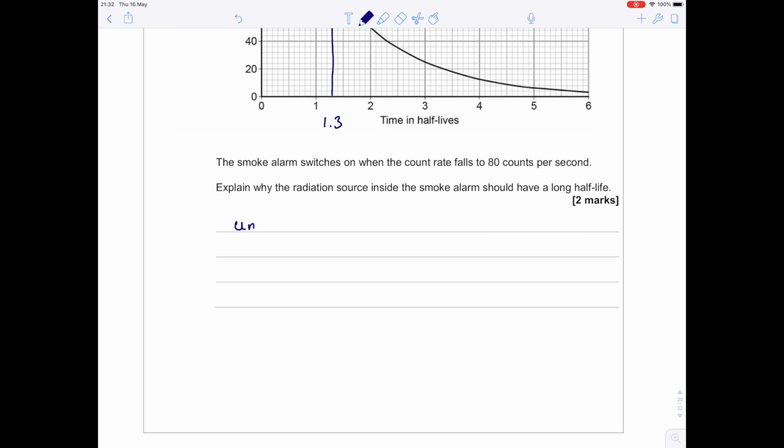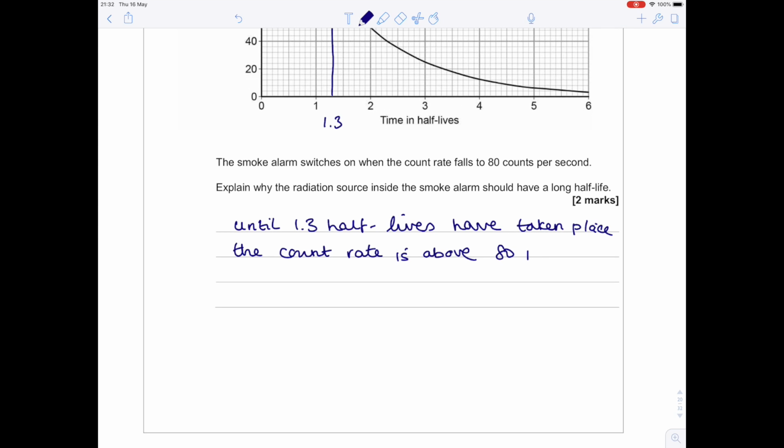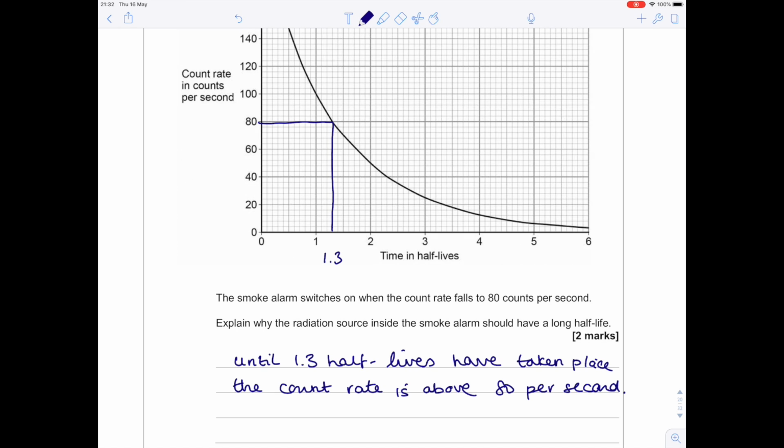So until 1.3 half-lives have taken place, the count rate is above 80 per second. And then let's have a look at why it should be a long half-life. And that means that for a large amount of time the amount of radiation or the count rate remains fairly stable.